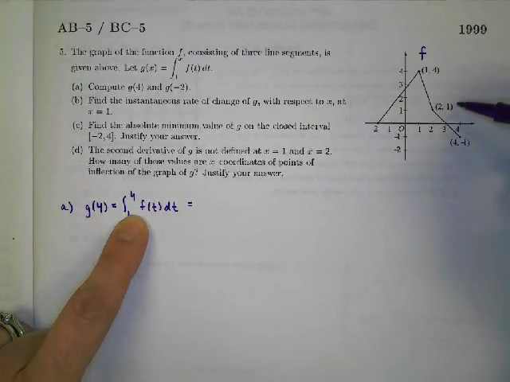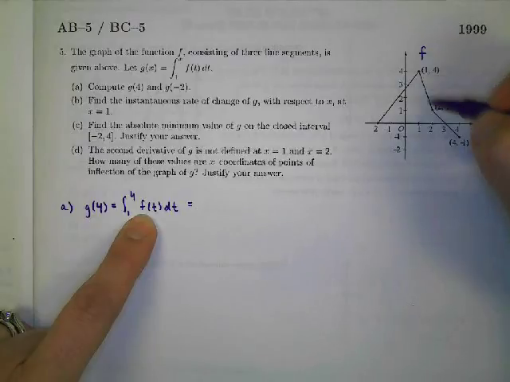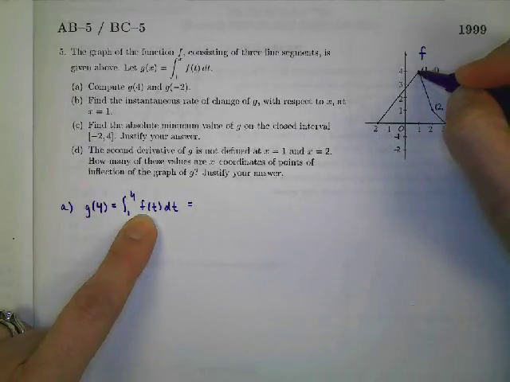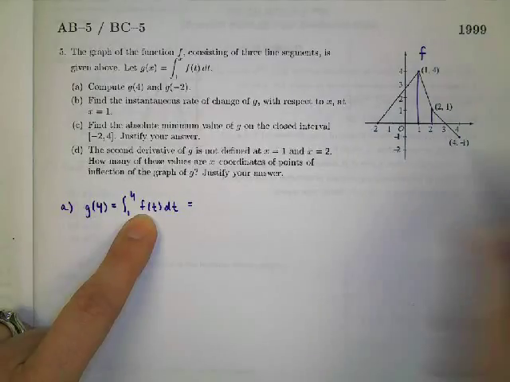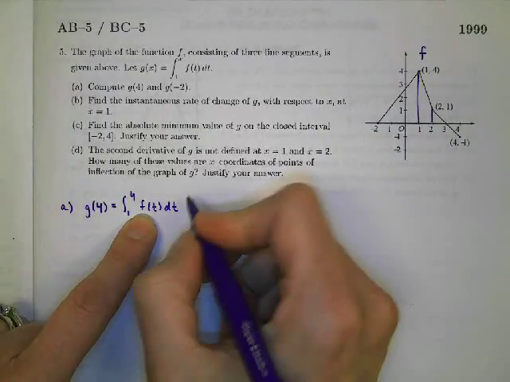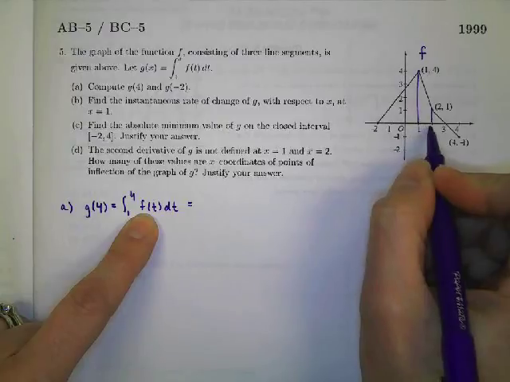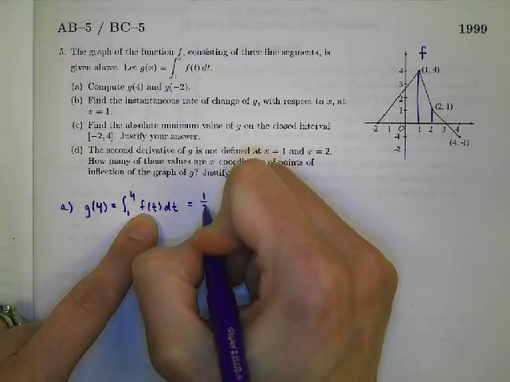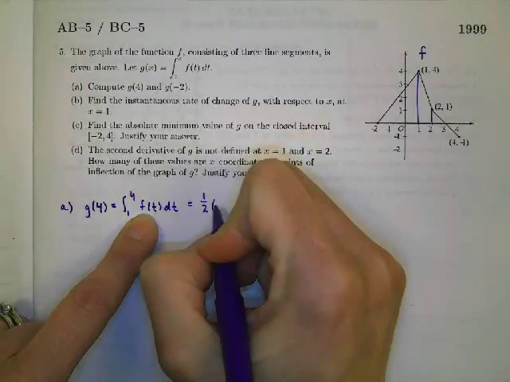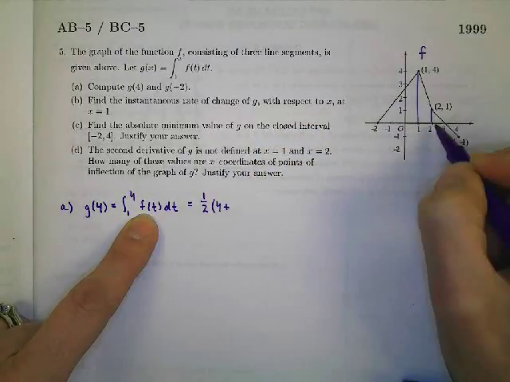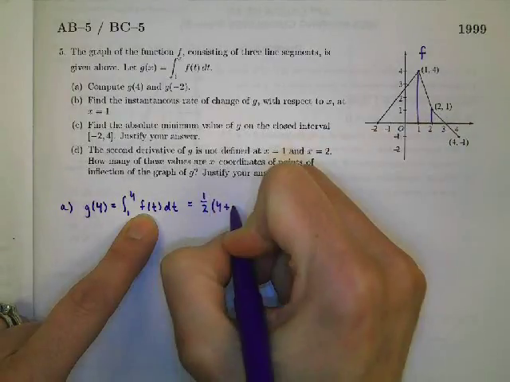So as I'm looking, I notice a couple things. It looks like from 1 to 2, I'll just sketch this in here, I've got a trapezoid there. So the height of my trapezoid is 1. So I've got 1/2 times my one base is 4, and my other base, it looks like, is 1.